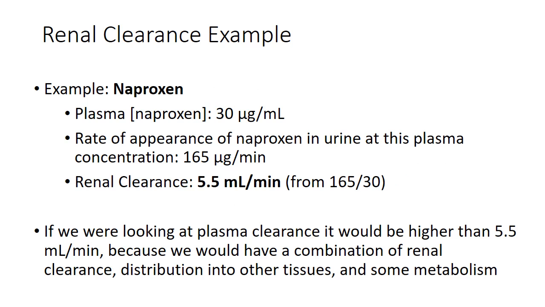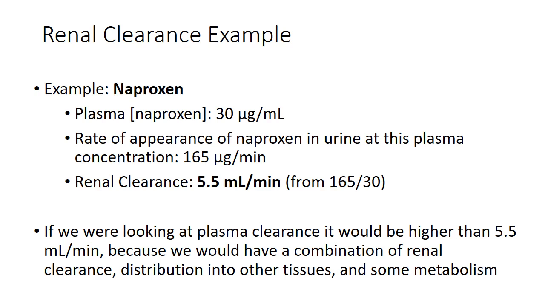So again, naproxen, for our renal clearance example: if the plasma concentration of naproxen is 30 micrograms per milliliter, and the rate of appearance of naproxen in the urine at this plasma concentration is 165 micrograms per minute, the renal clearance is 5.5 milliliters per minute, right?